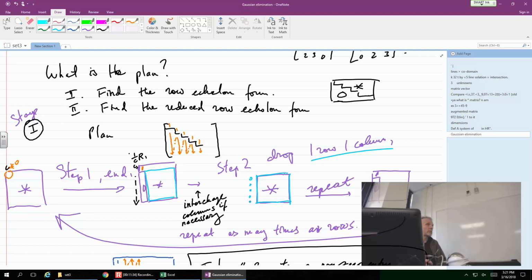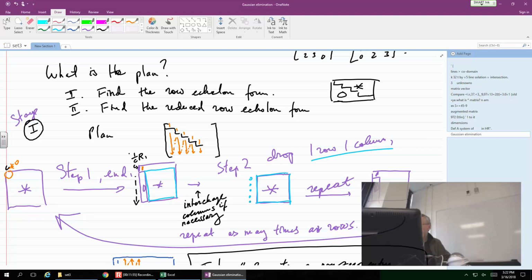It is, by the way, very convenient sometimes, if you have too few rows, to add rows made of zeros in order to make it a square matrix. It sometimes helps.